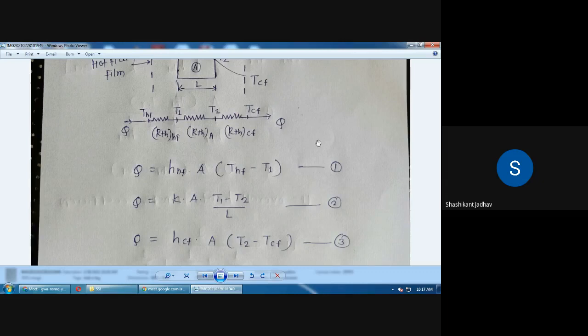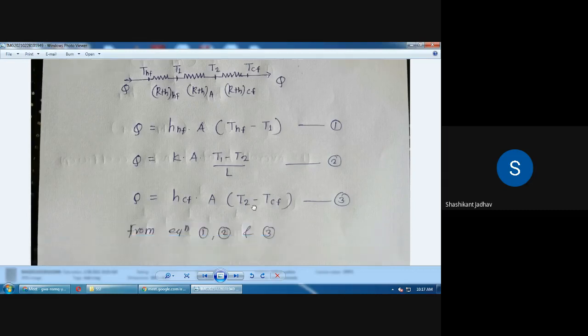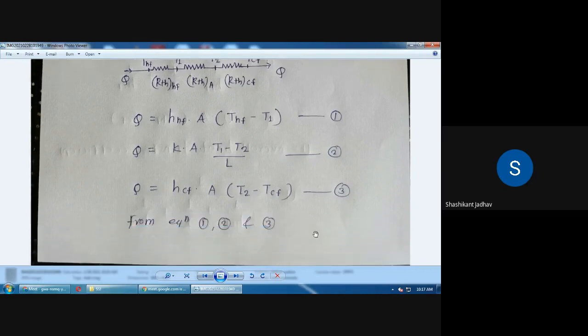Okay. Then write down next, from equation 1, 2 and 3. आता आपल्याला काय करायचं आहे?